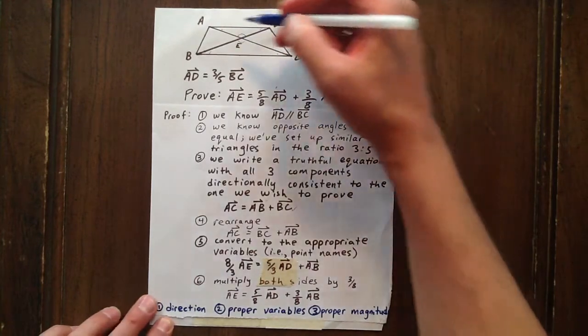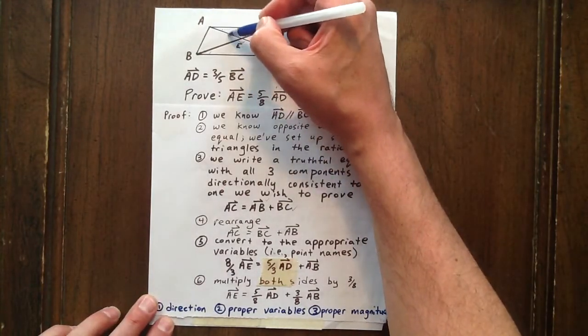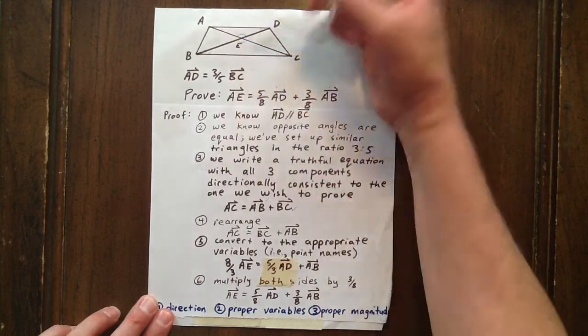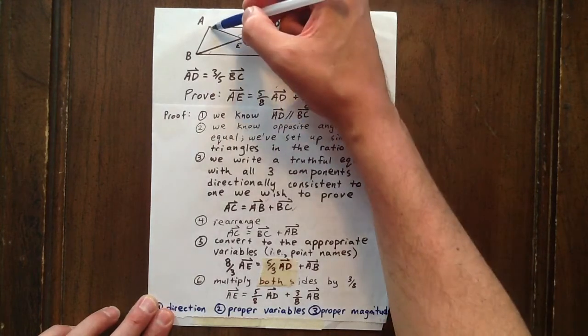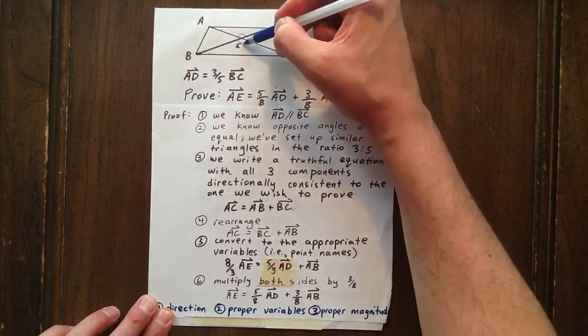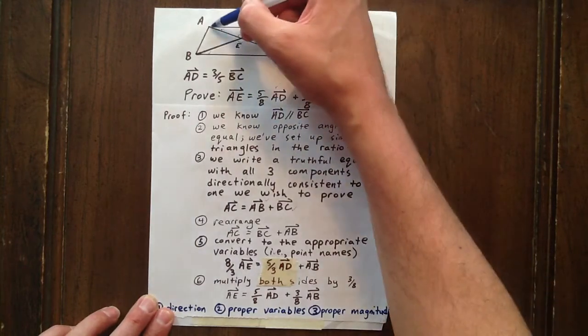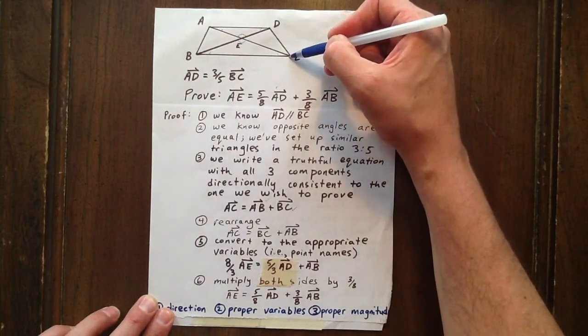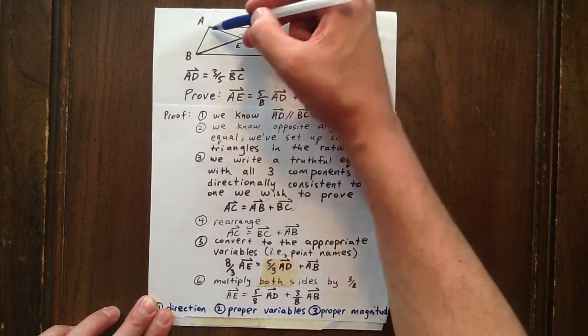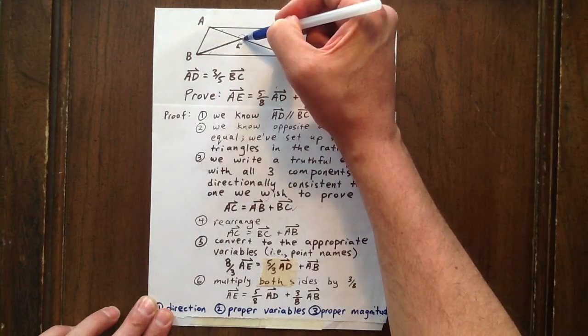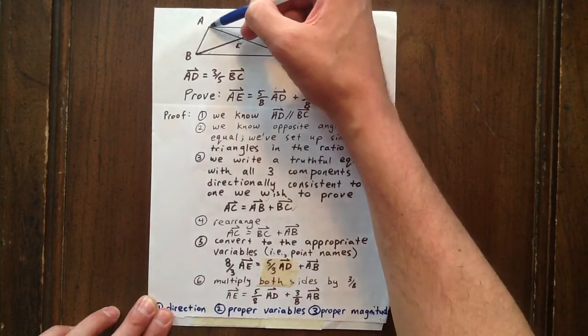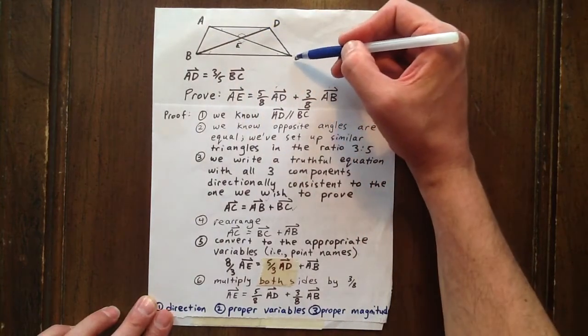How do we know that? Well, remember that this side length is 3/5 of this side length. So if this is 3 units long, this is 5 units long, which means the whole thing is 8 units long. So AE is 3 units long, and AC is 8 units long.